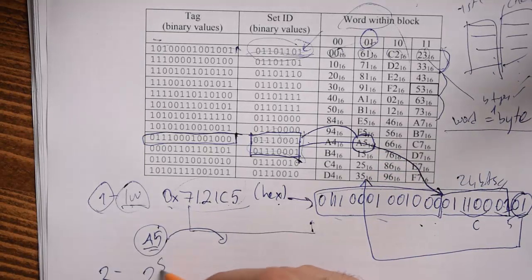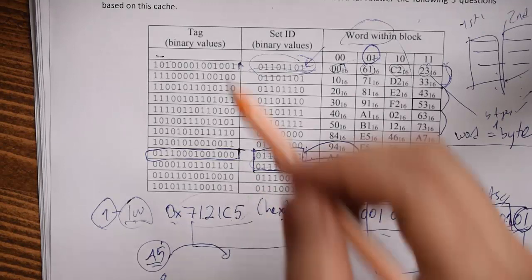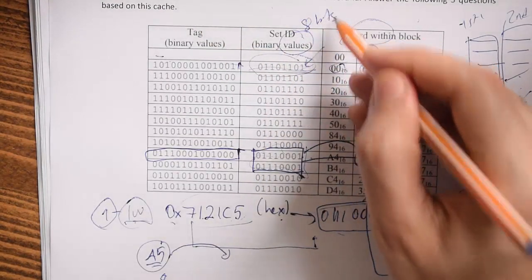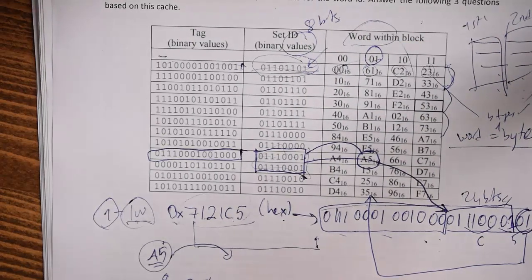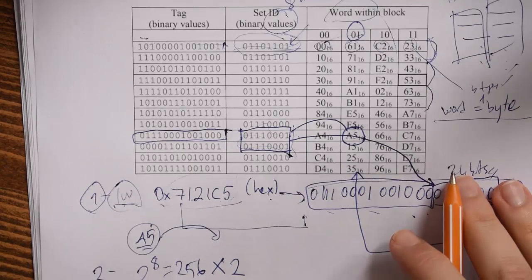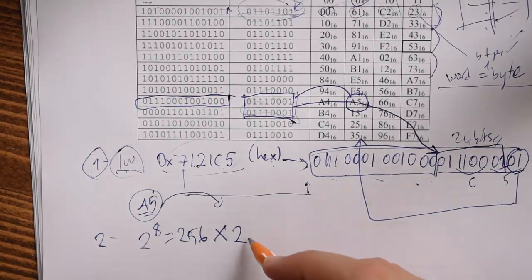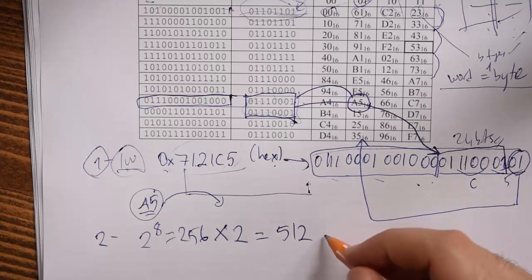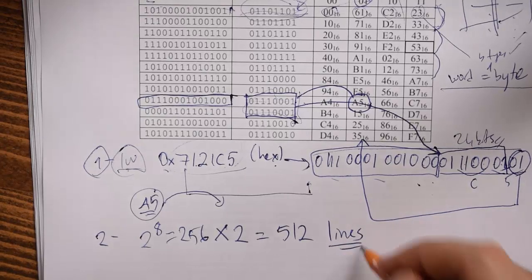Because it's 2 to the 8. You remember there are 8 bits used for the set ID. So 2 to the 8 makes it 256. And 256 multiplied by 2 because we have two ways, which gives 512 lines, or cache lines.